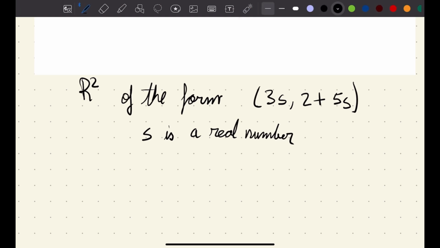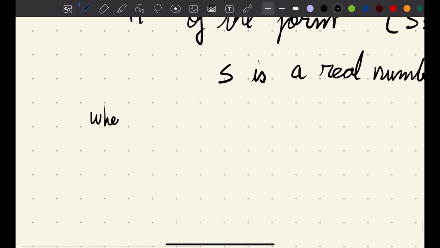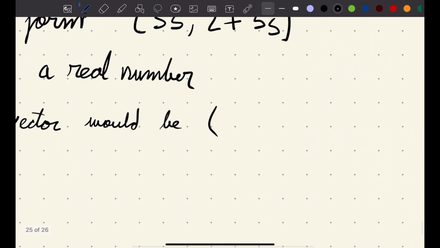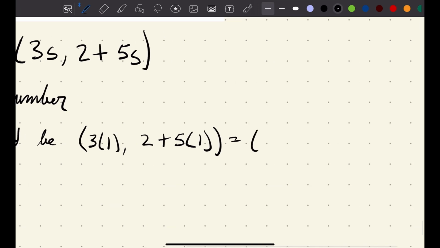Let's take as an example when s equals 1. The vector will be 3, comma 7.